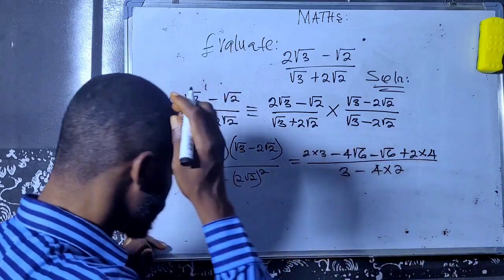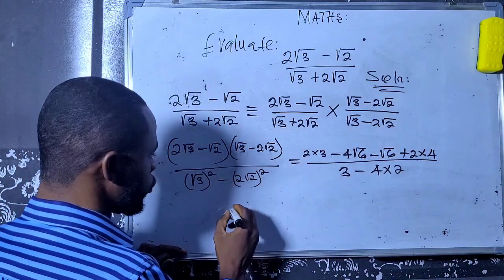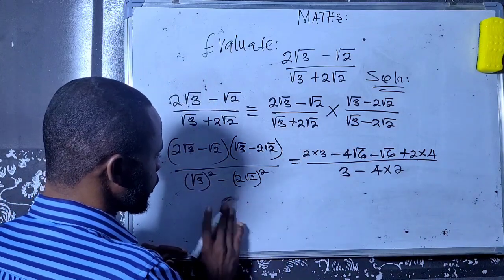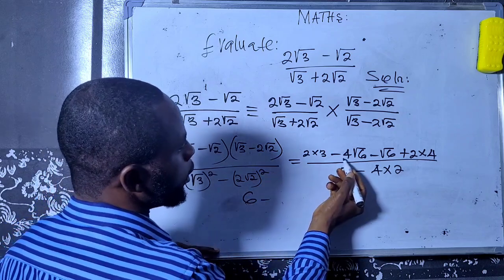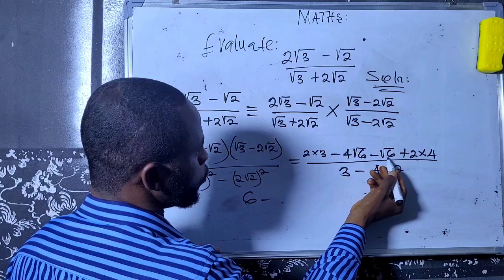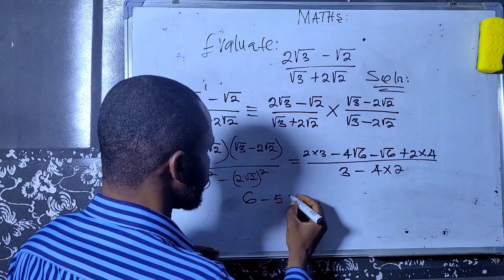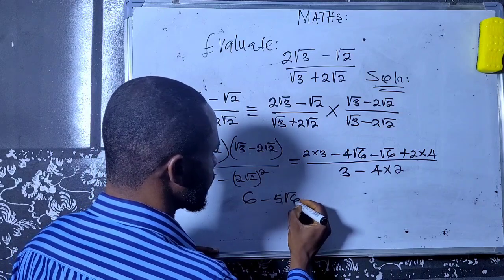When we simplify this further, we have 2 times 3, that will give us 6, minus 4 root 6 minus root 6, that will give us minus 5 root 6.